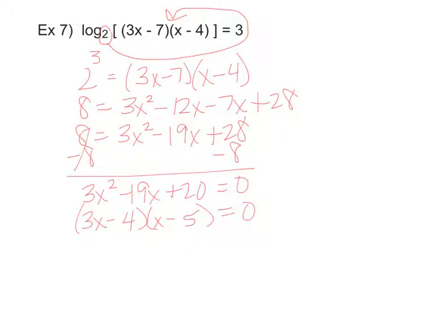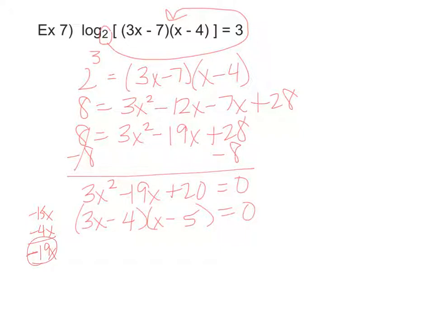So if you check your outside terms, you get a negative 15x for the outside. And then whenever you check your inside terms, you get a negative 4x. Negative 15 and negative 4 is that negative 19 that we want.